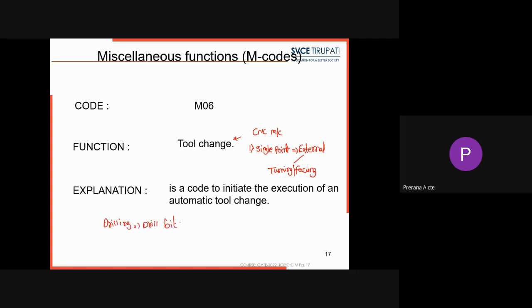So how is the tool going to change? We have to suggest it to the CNC machine. So for tool change, we have to use the code M06 so that the tool changes from the external tool to the drilling tool.